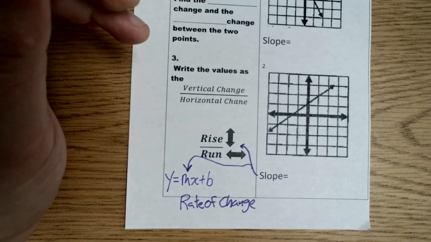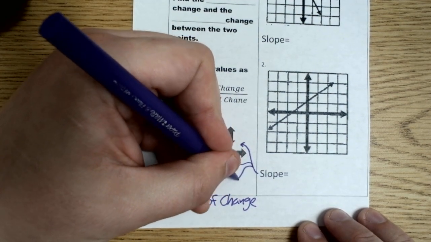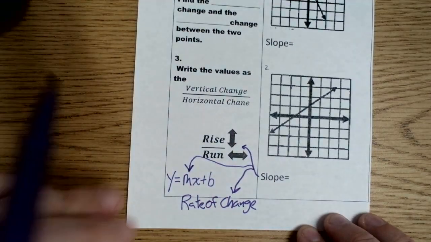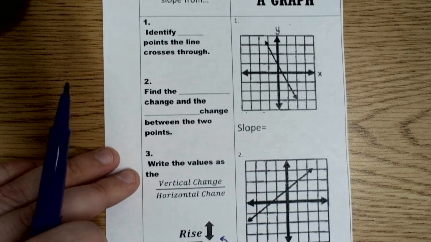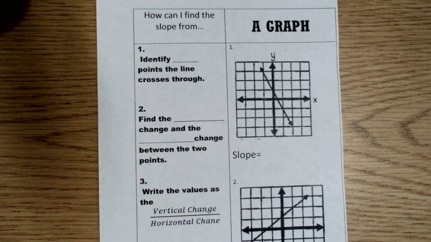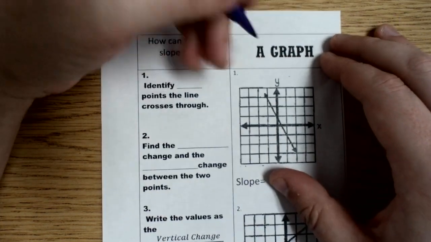So all those things have to do with slope, and you'll be hearing it different ways as we go throughout this unit. Looking at slope, when we have a graph, what we're really doing is the rise over the run.